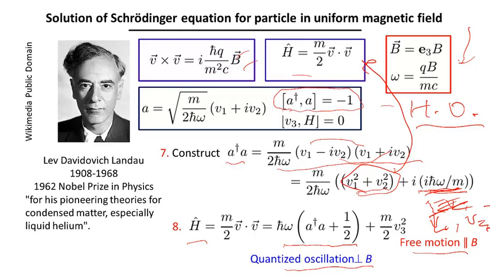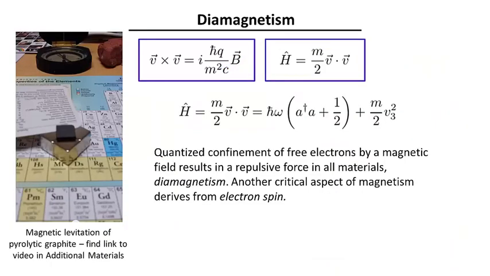We only used the field, and it was only the field that appeared in the fundamental commutation relationship that's responsible for this quantized oscillation. So what we've done here is reproduced Landau's description of diamagnetism.